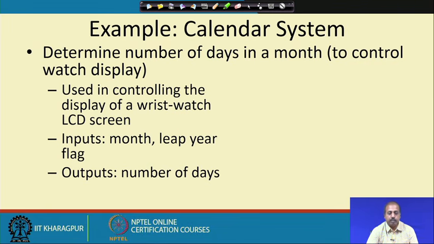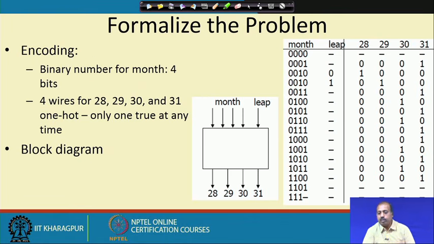So, I have to design a combinational circuit where month will be one input, and whether the year is a leap year or not will be another input, and it will output the number of days in the month. So, this is a typical example. The month can go from January to December.